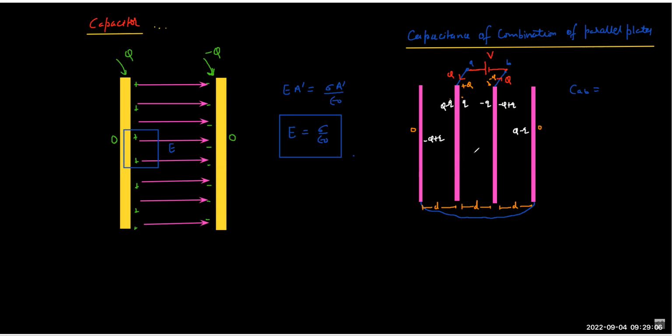So when you connect a battery across two plates, it is similar to the act of giving plus Q to one and minus Q to the other. So a battery is giving how much charge? When it is said how much charge is being given by the battery, we look at the plate connected to the positive terminal and see the charge.